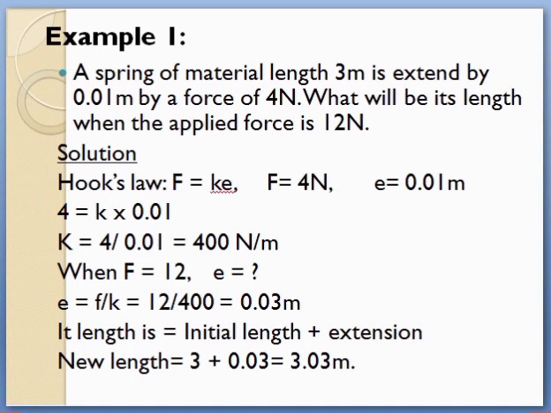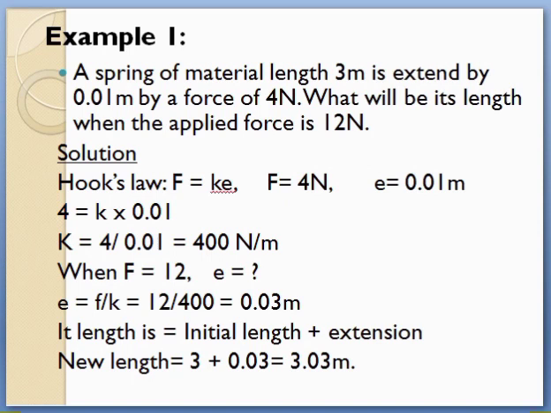So we have our applied force to be given as 12, but the extension, which is the length, is not known. So we recollect the formula, which is F is equal to KE, and we substitute the value of our force constant, which is 400 Newton per meter, and force, which is 12 Newton, into the equation, and we also make E the subject of formula.